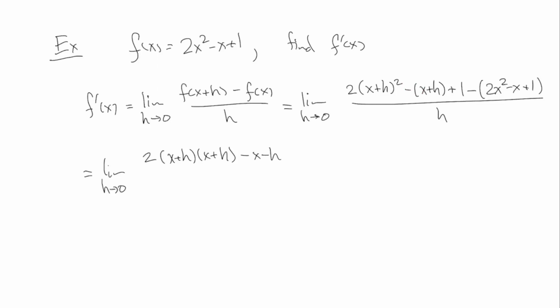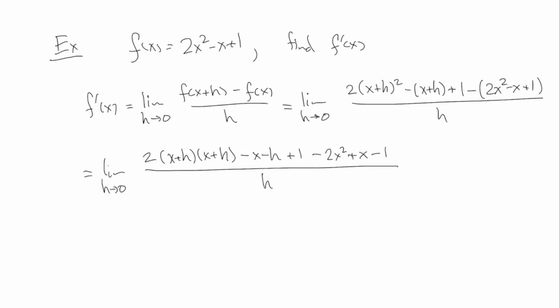You've got to distribute. Then, next thing I see is plus 1. And then minus. Here I'm going to distribute the minus sign across this whole thing. And it'll be minus 2x squared plus x minus 1. And I hope I didn't mess it up. Divided by h. There are many chances to mess it up, unfortunately.